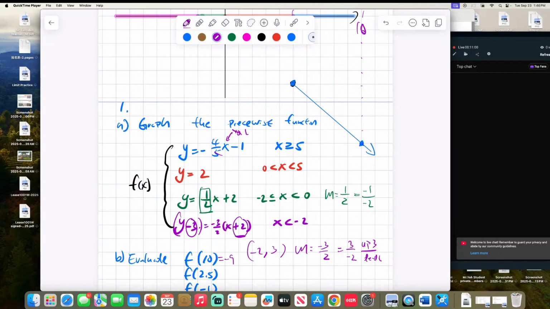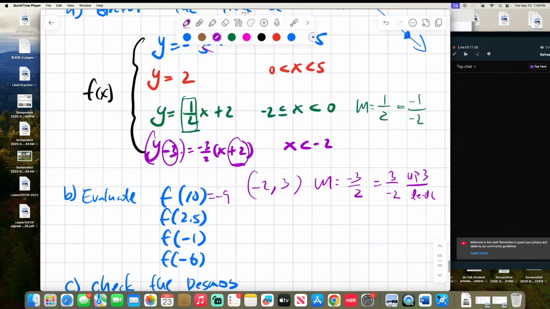So if you are able to teach something, you are better than anybody else. Okay, so Josiah, since you say you understand, what's f of 2.5? Can I plug in anything on the second one? Yeah, you do use the second one because 2.5 is between 0 and 5.